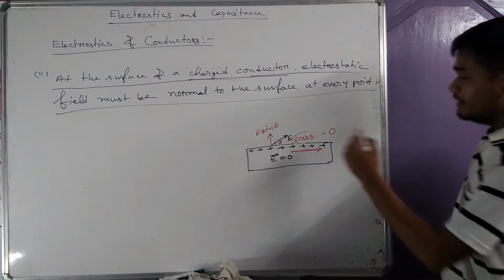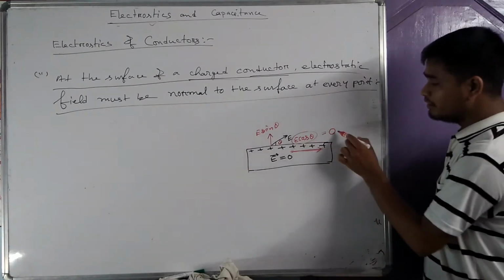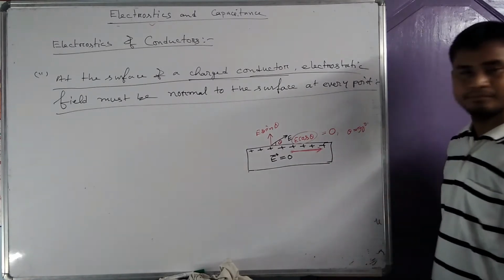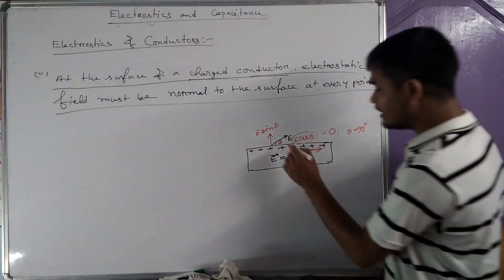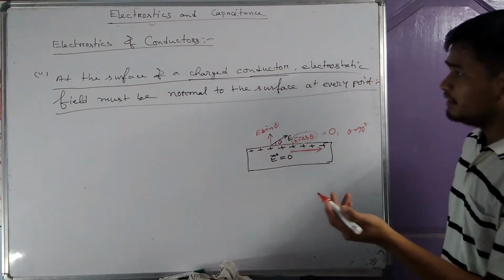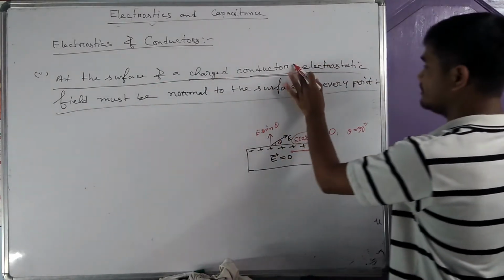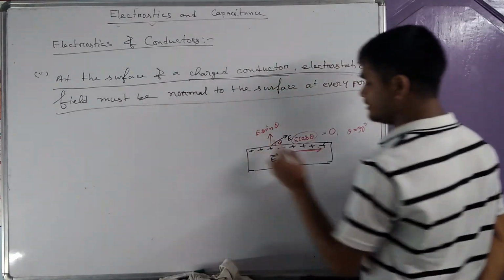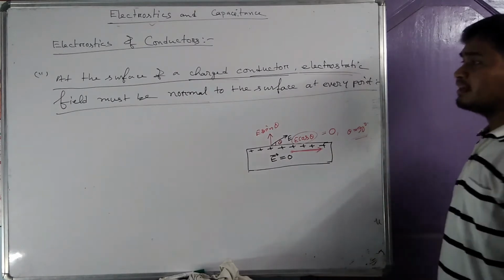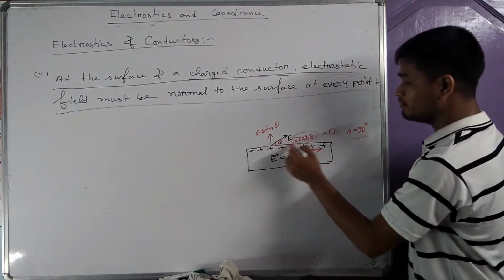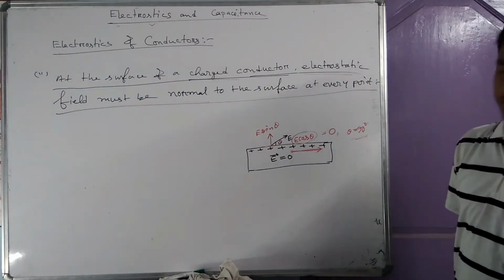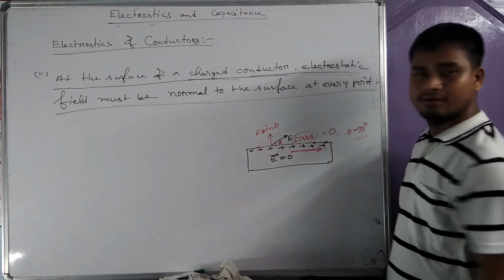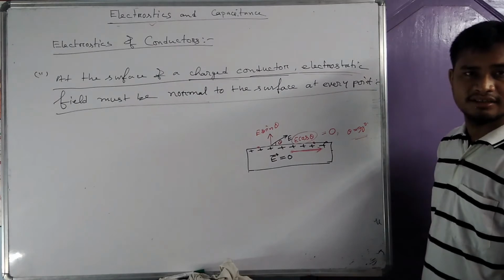Clear? If E cos theta is 0, then what? Theta should be 90 degree. If theta is 90 degree, then at the surface of the charged conductor, electrostatic field, that is E, must be normal to the surface. At any point you can consider theta is 90 degree.